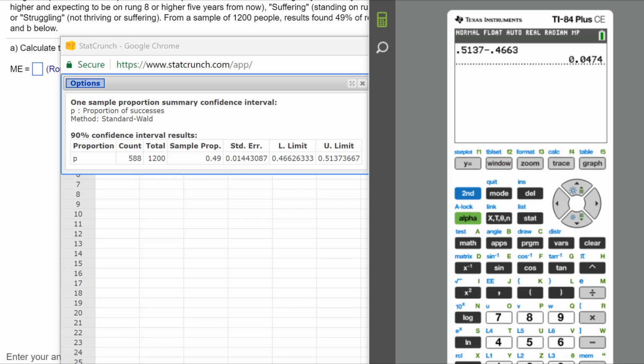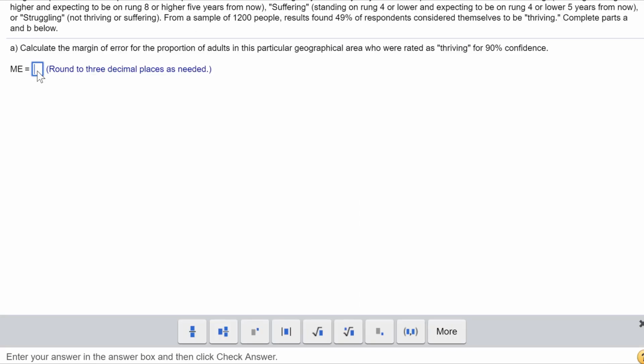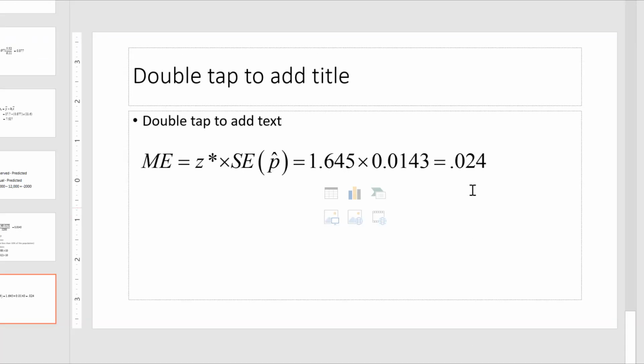That's the entire width, 0.0474, and then divide that by 2 to get your margin of error, 0.0237, which is very close to what we got when we did that by hand. It should take both answers. If it doesn't, let me know and I can override that. Now it does say round to 3 places, so I'm going to change that 0.0237 to 0.024, which is exactly what we got when we did this by hand. 0.024.